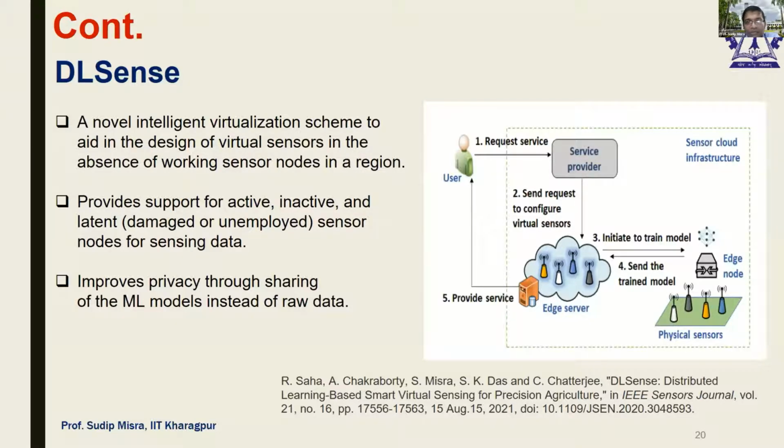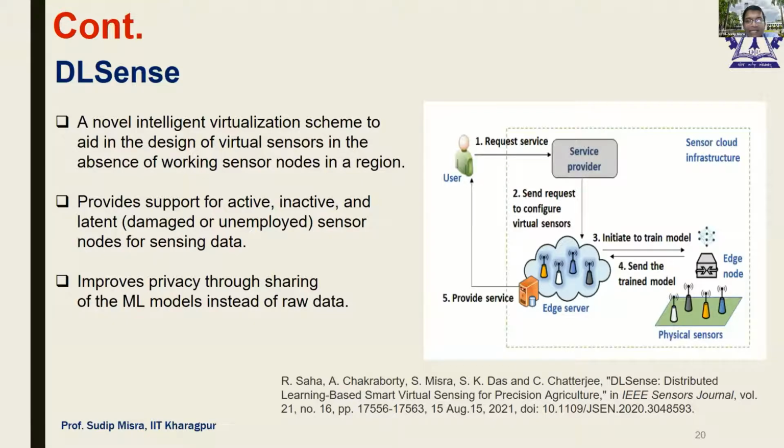So what we have done is we have virtualized the sensors. Intelligent virtualization schemes have been executed in order to virtualize the sensors, so you get these virtual sensor nodes where the executions of different algorithms can be made.